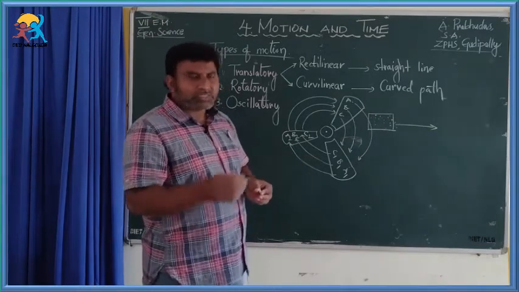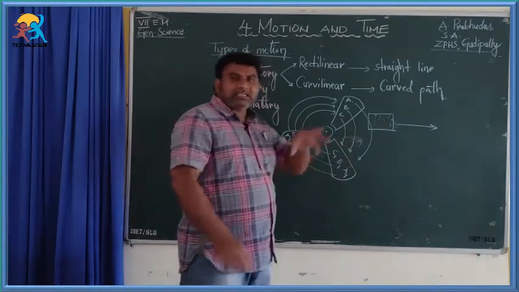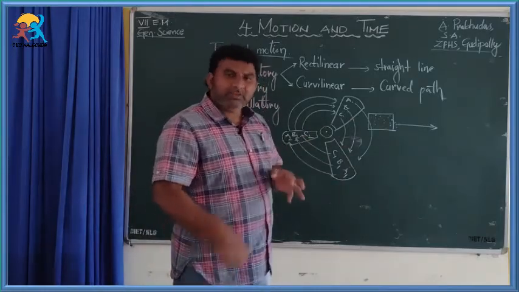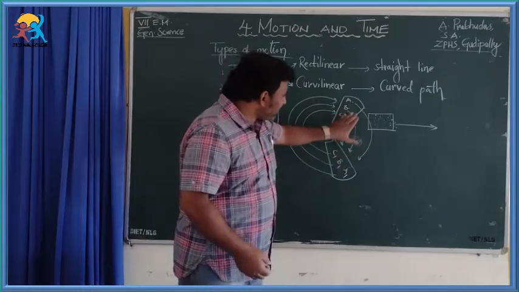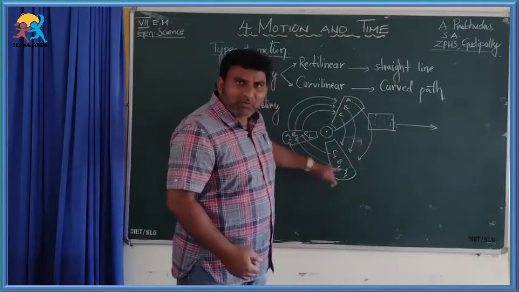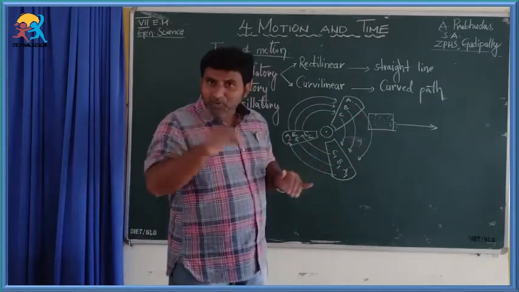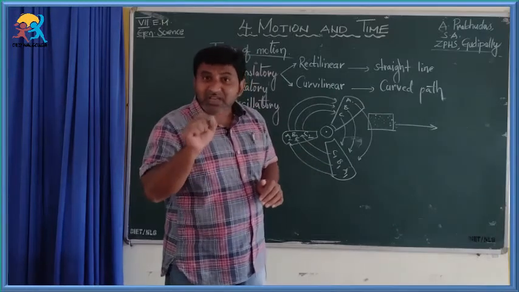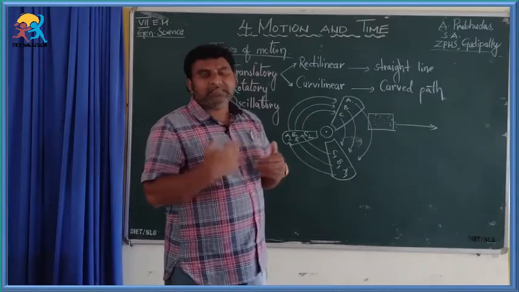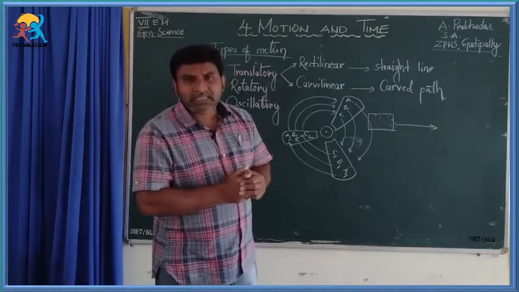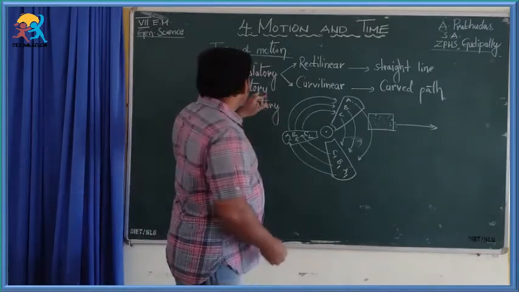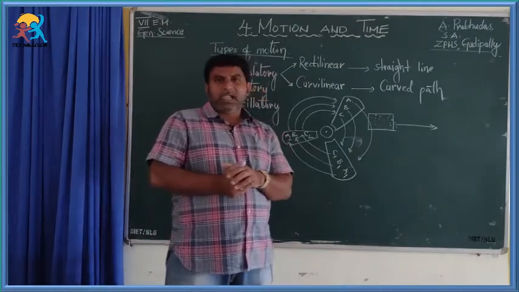A circular motion is a type of motion in which all the particles present in the moving object move in circular paths, and such type of motion is called a rotatory motion.